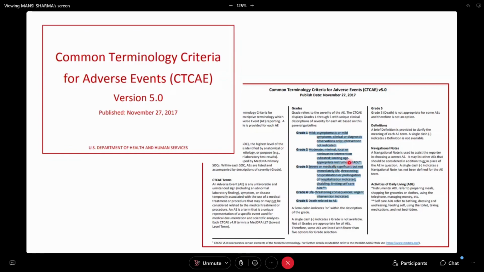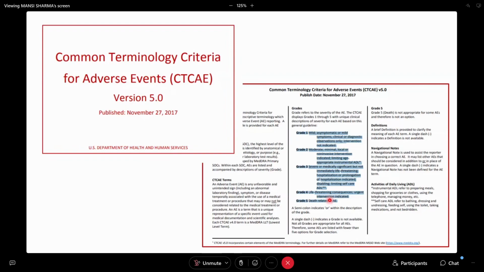Grade 2 is when they develop moderate symptoms, or there is some small intervention which is indicated, where age appropriate instrumental activities of daily life are limited. Grade 3 is when these complications become severe and medically significant, but are not immediately life-threatening, but you may need to hospitalize the patient or prolong the hospitalization, or it may limit the self-care ADL of the patient.